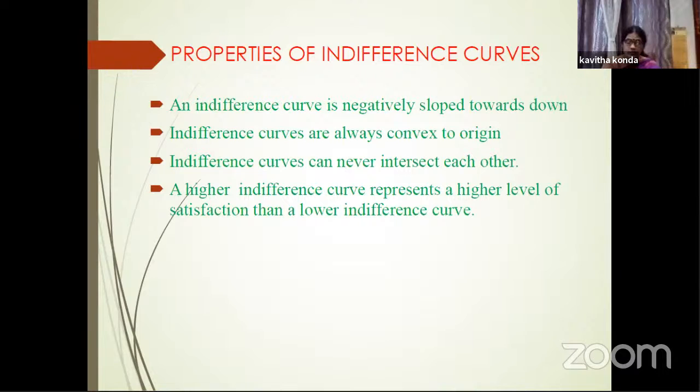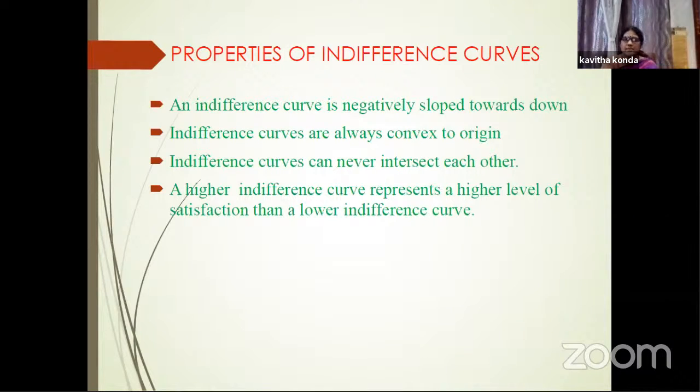That's why it is neither positively sloped upward, nor horizontal or vertical. It is negatively sloped. And its convexity shows the diminishing marginal rate of substitution. Just as I showed you on the substitution curve, how x and y change. Due to this convexity only can we explain these changes, the diminishing marginal rate of substitution. So it cannot be concave to the origin. It is convex to the origin.